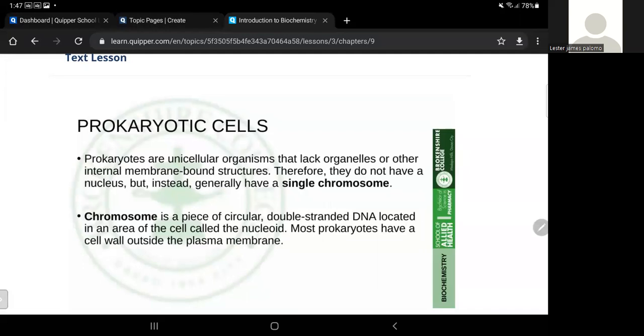Most prokaryotes have a cell wall outside the plasma membrane. Of course, it has a cell wall. And particularly for microorganisms like your bacteria, what do you call the cell wall?